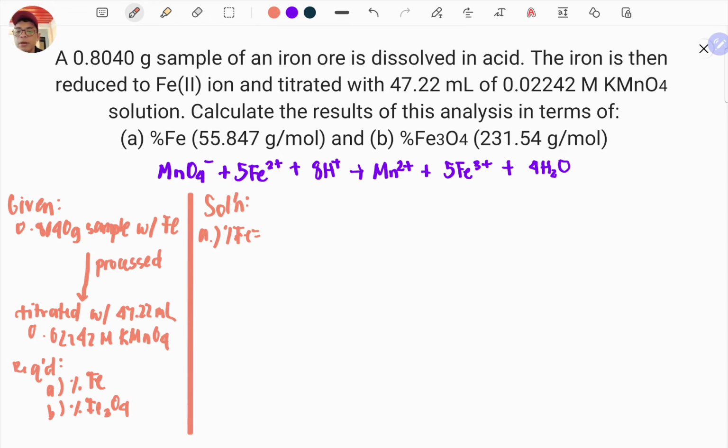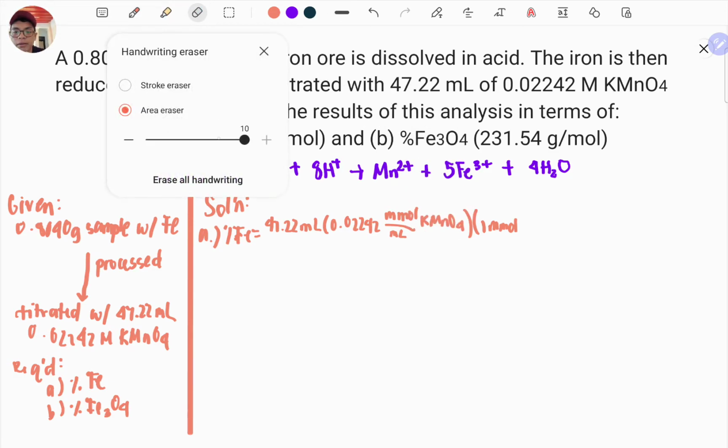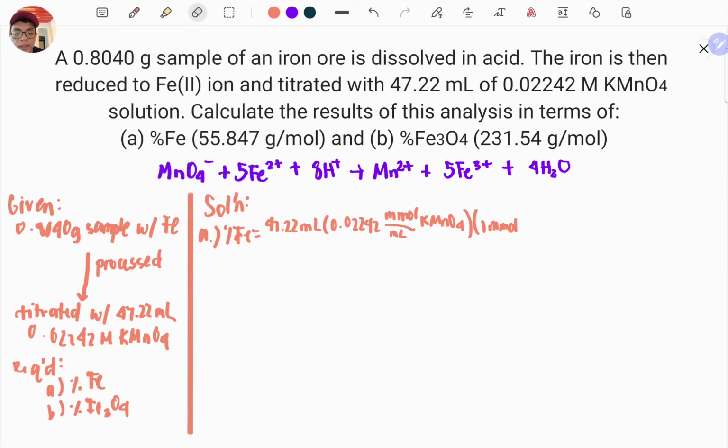From our given, we know that if we multiply 47.22 mL and 0.02242 millimole per mL, we get the millimoles of potassium permanganate. And we know from the balanced chemical equation that 1 millimole of permanganate, I'll remove the potassium so that you won't be distracted.